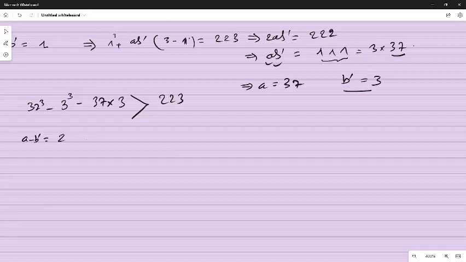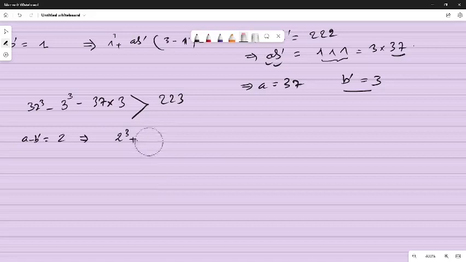This implies that 2 cubed plus ab prime multiplied by (3 multiplied by 2 minus 1) equals 223.